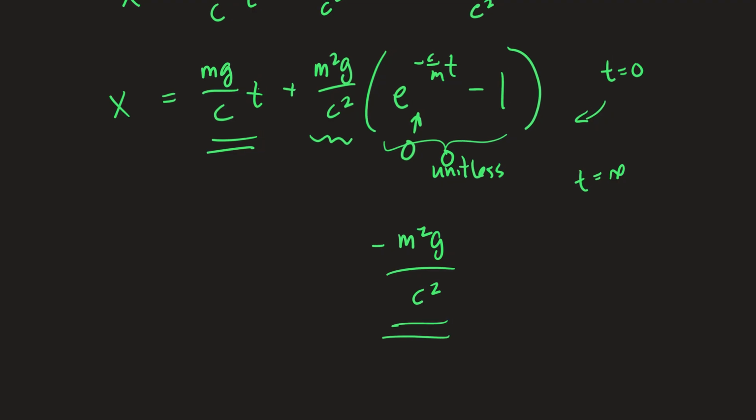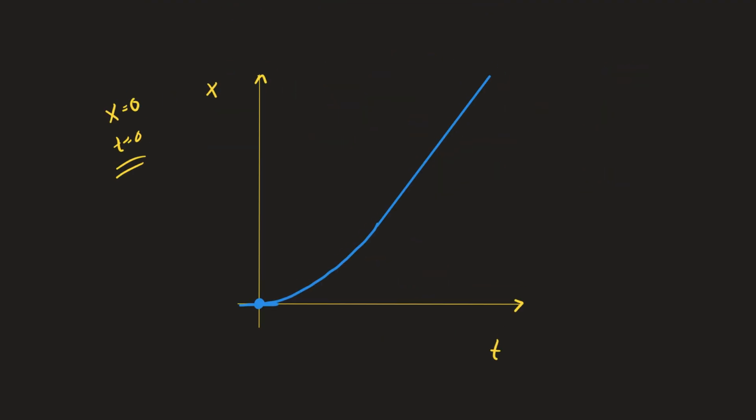But if you go back here, remember, our object didn't start at the terminal velocity. It had to increase its speed until it reached the terminal velocity. If the object had just started at the terminal velocity, then the line would look like this. So that m squared g over c squared is this distance.